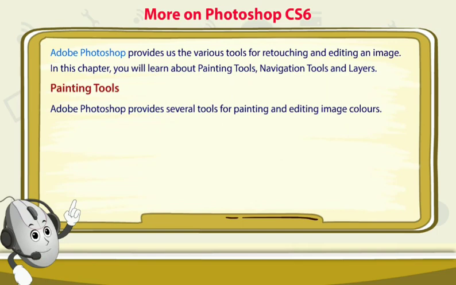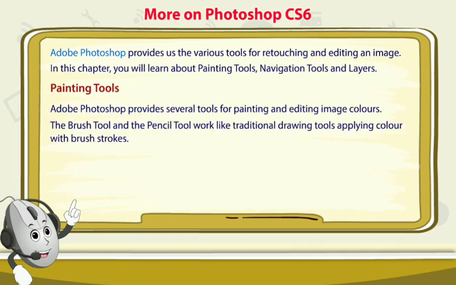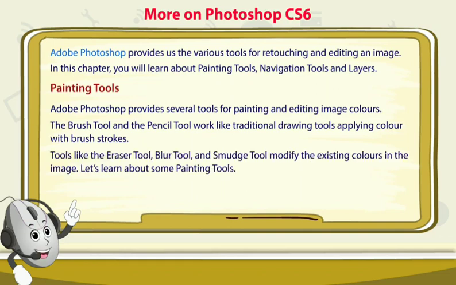Once image is taken, then using Photoshop we can edit this. The brush tool and pencil tool work like a traditional drawing tool, applying color and brush strokes. Tools like eraser, blur tool and smudge tool modify the existing color in the image. So let's learn about some painting tools.